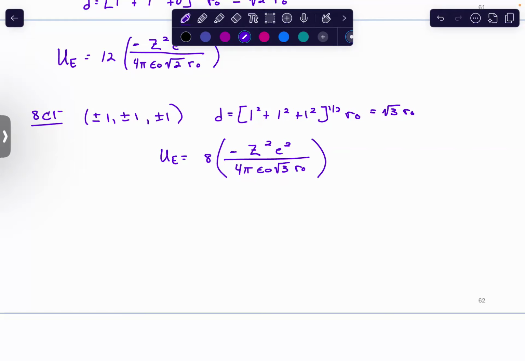So our total U is going to be R6 plus R12.